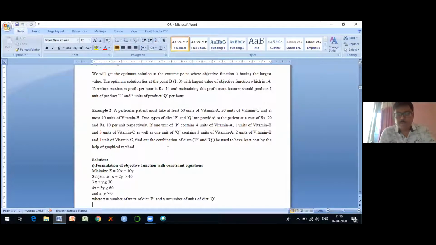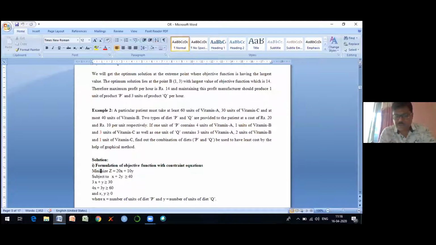Similarly, for 1 unit of Q product, the cost is ₹10, and we will produce Y quantity of Q. Therefore, the cost will be 10Y.